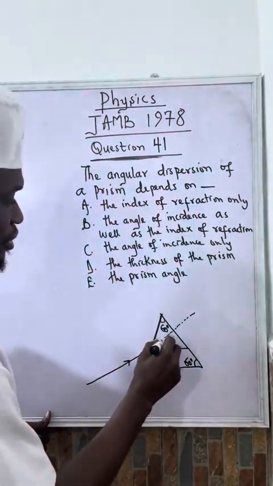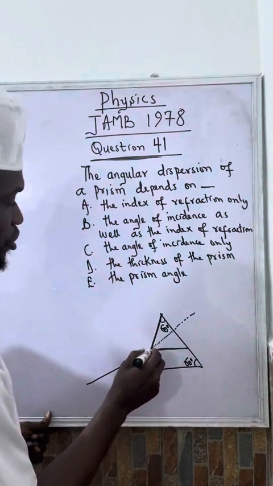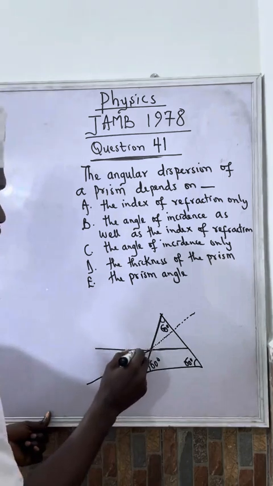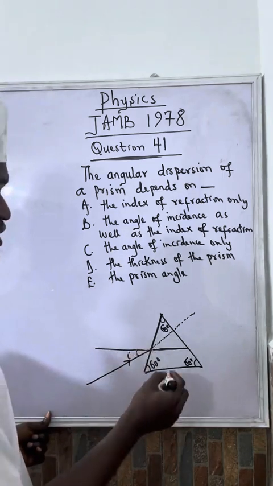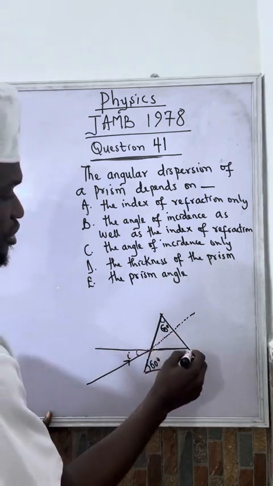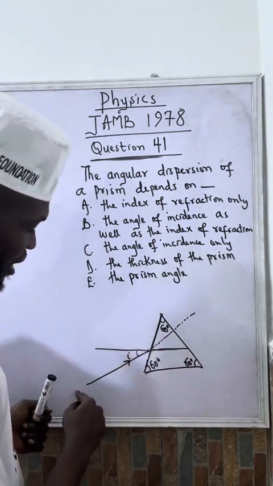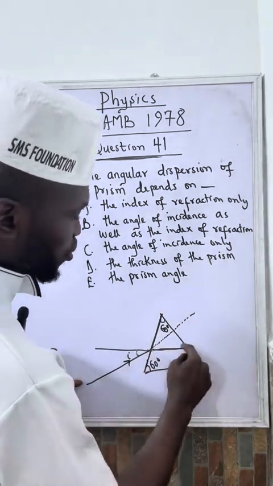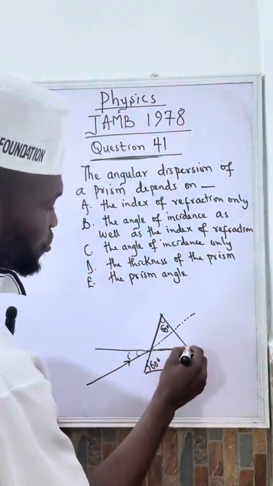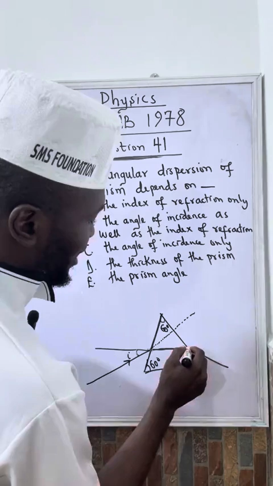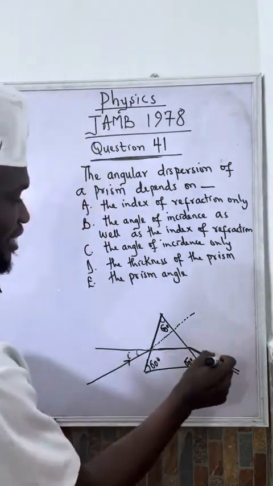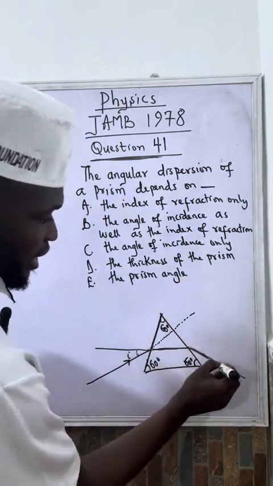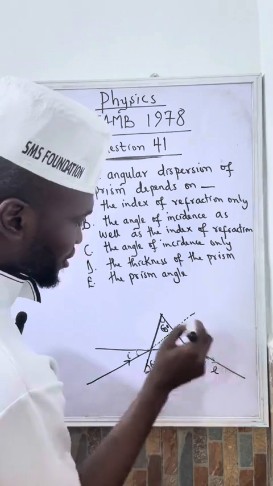If you extend this line, this angle here will be the angle of incidence. And when it comes out on the other end, it emerges like this. This is what we call the emergent ray.